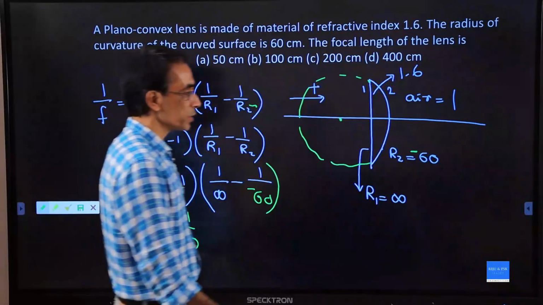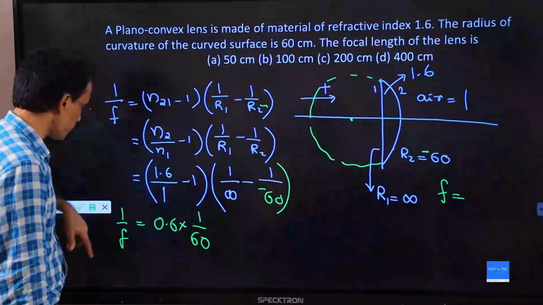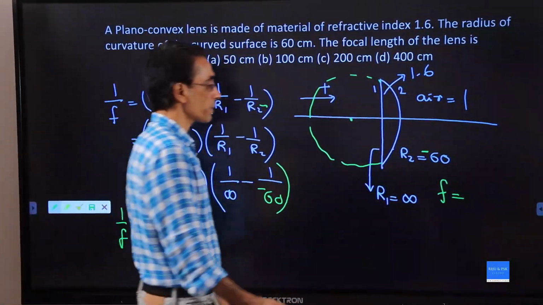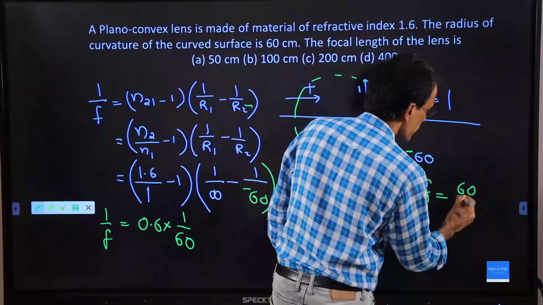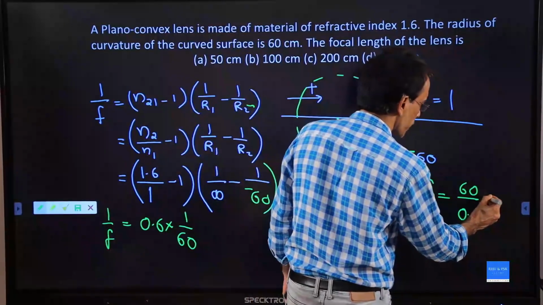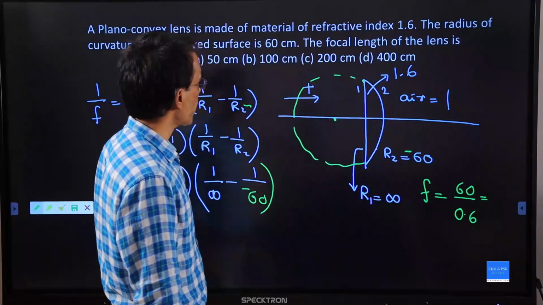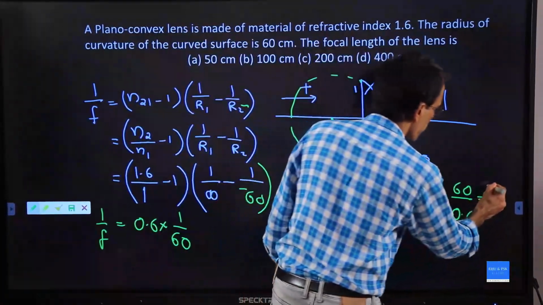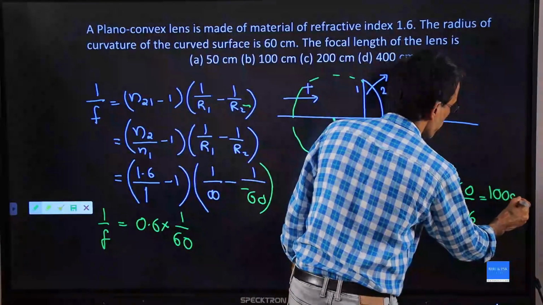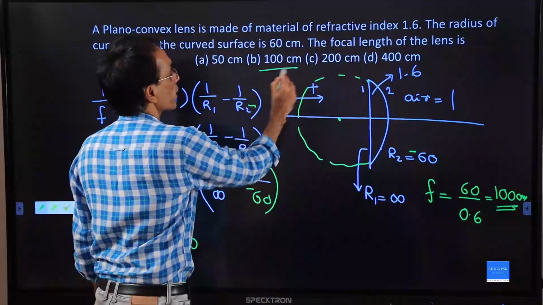I will finish it off here. Take the reciprocal: f is the reciprocal of 0.6 by 60, which is 60 divided by 0.6, and 60 is in centimeters. So 60 by 0.6 gives you 100 centimeters. Your answer must be 100 centimeters.